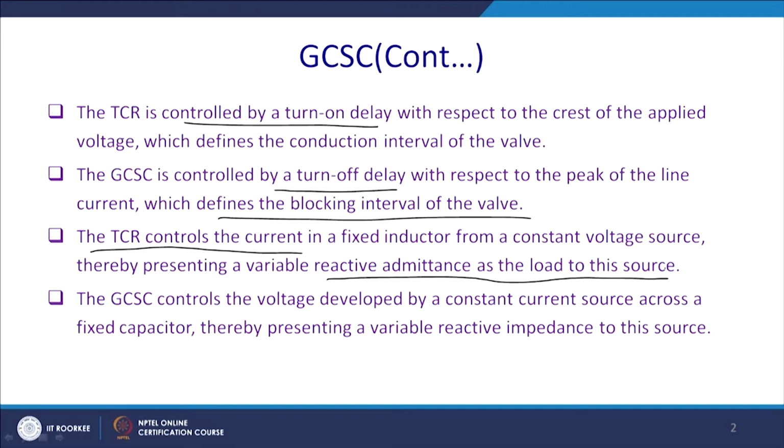On the other hand, the GCSC controls the voltage developed by a constant current source across a fixed capacitor, and thereby represents a variable impedance source. So, this is the basic difference between the TCR and the GCSC.